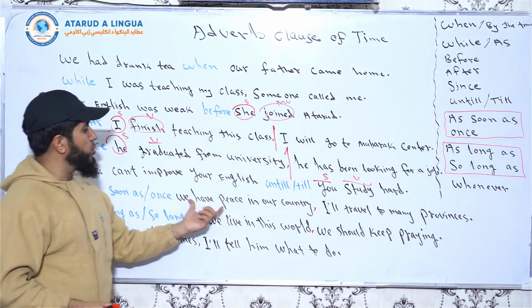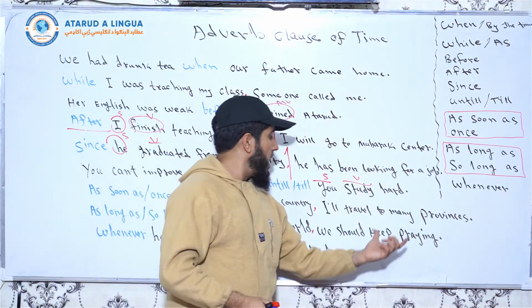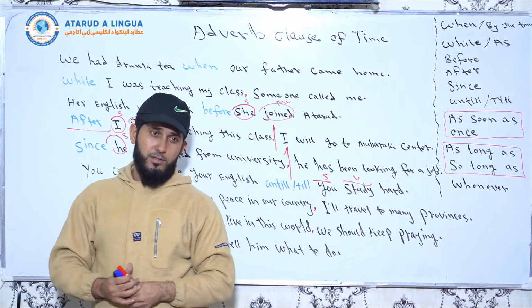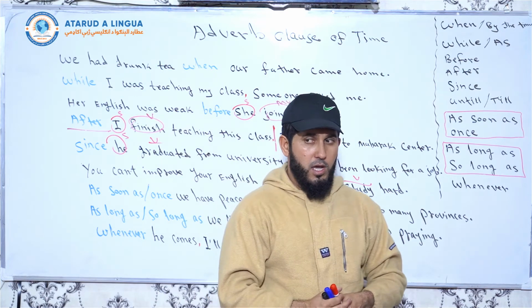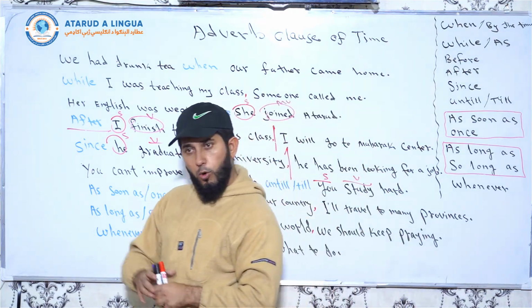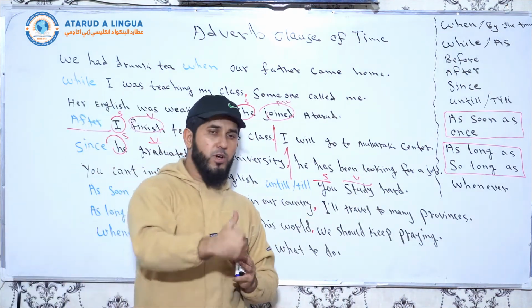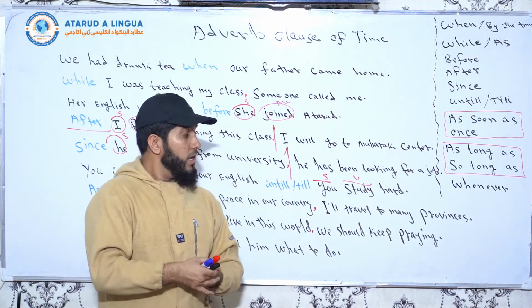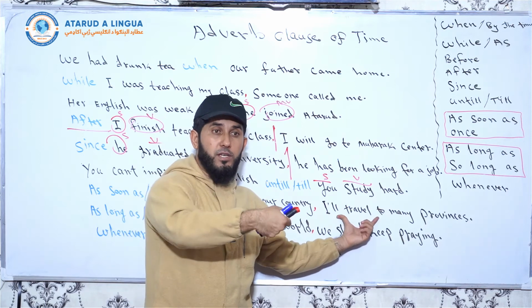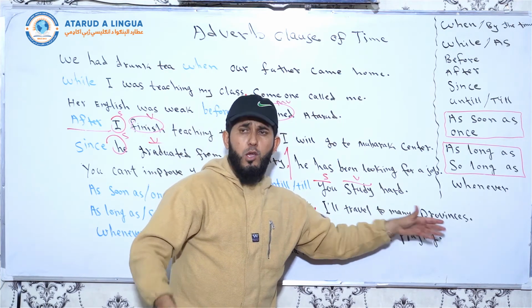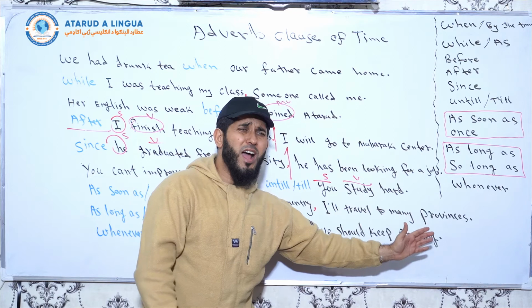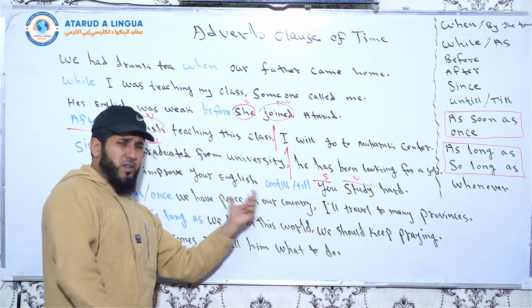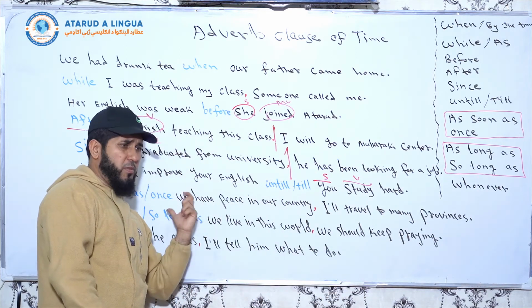As soon as or once we have peace in our country, I will travel to many provinces. So the action of traveling to many provinces will take place right after the state or the action in the previous clause.